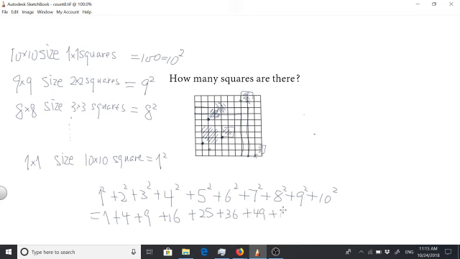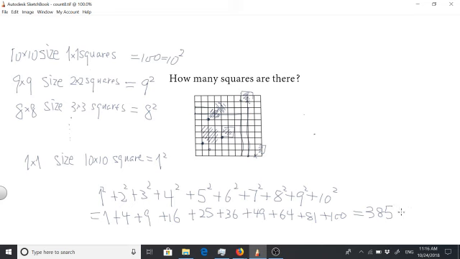Plus 64, 204. Plus 81, 285, and that's the answer.